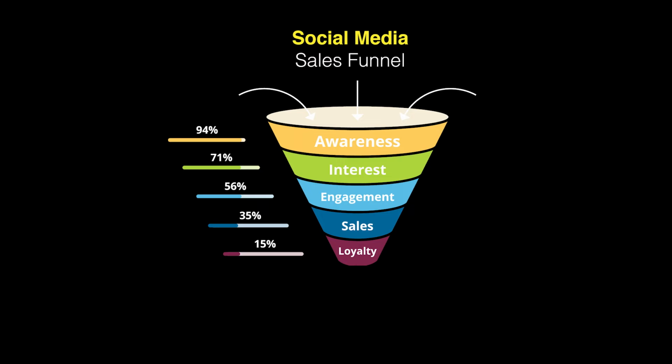Now you're going to see that when we go from the awareness phase, we have 94% of the people in your hemisphere gravitating to that part of the funnel. From that 94%, 71% garner interest, which means now they're looking at your content once or twice a week or more. From there, 56% engage.